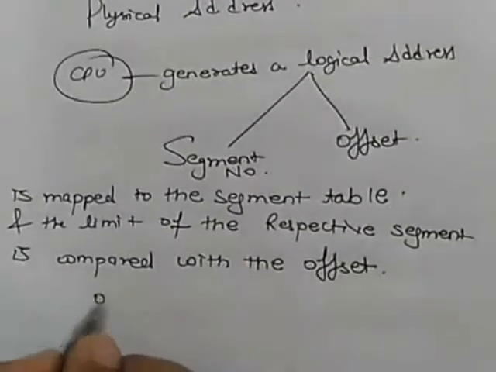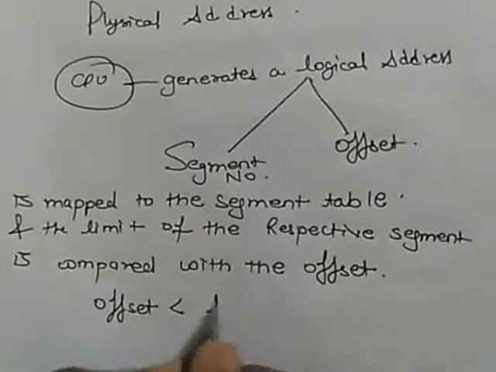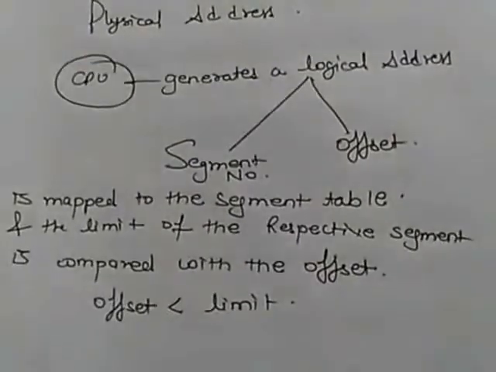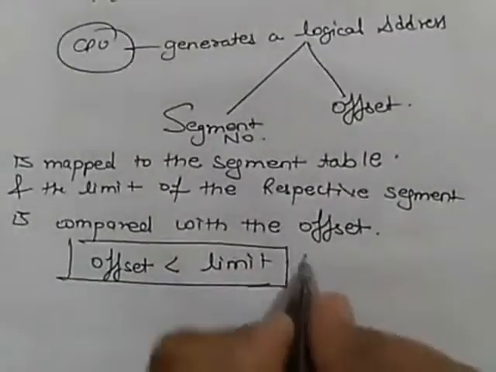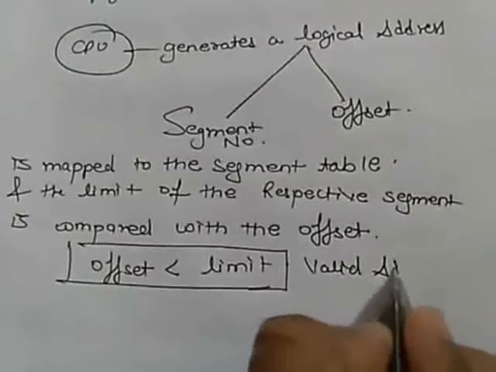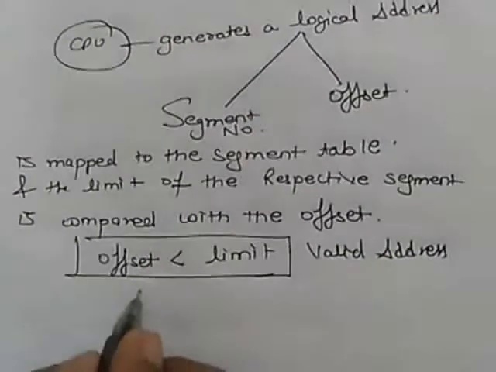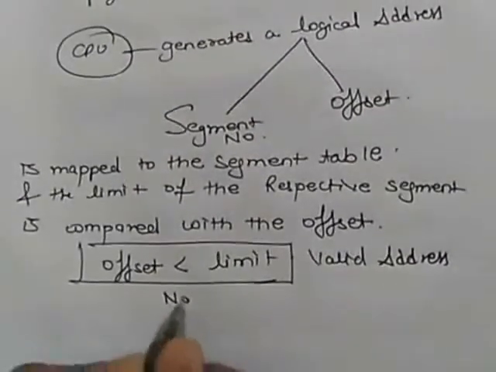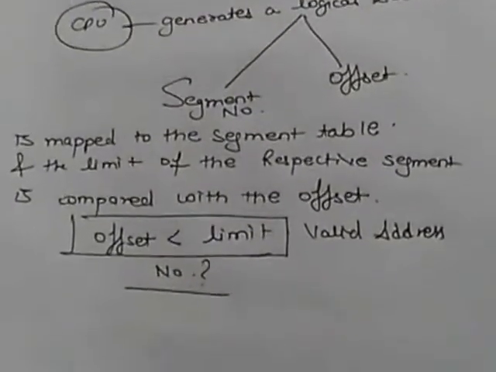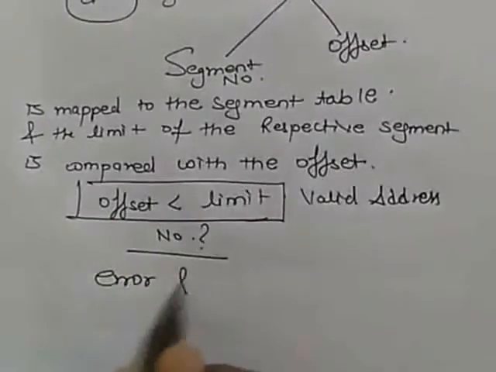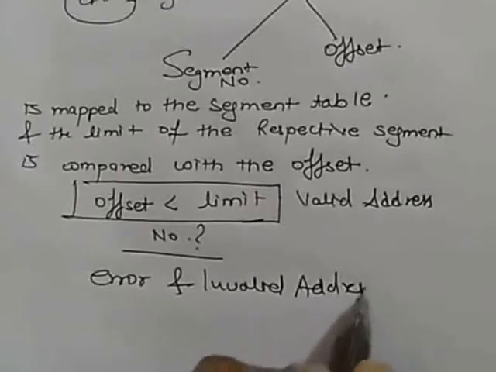If the offset is less than the limit, we will get a valid address. Otherwise, if this is no, then we will get an error, an invalid address.